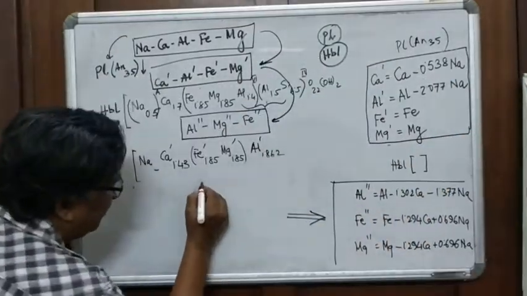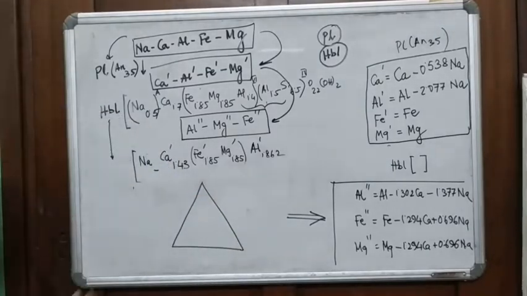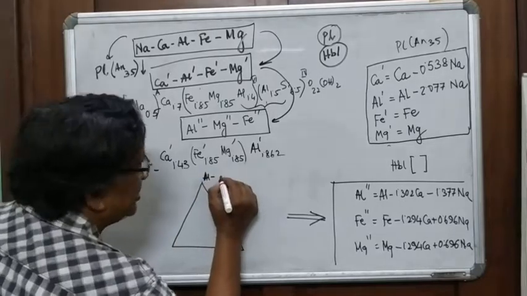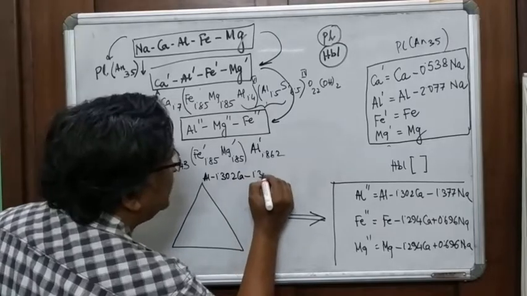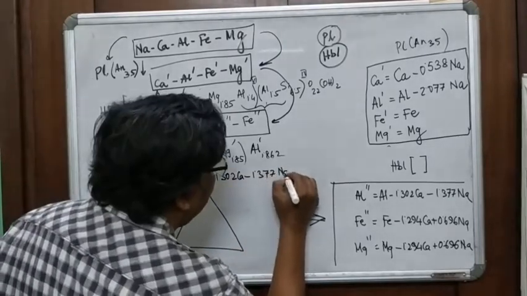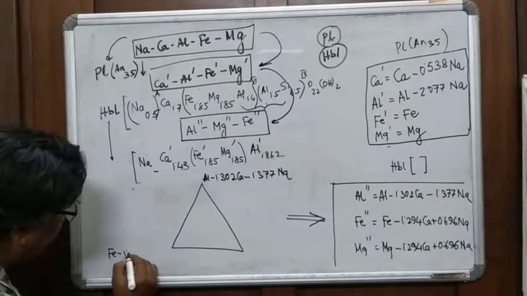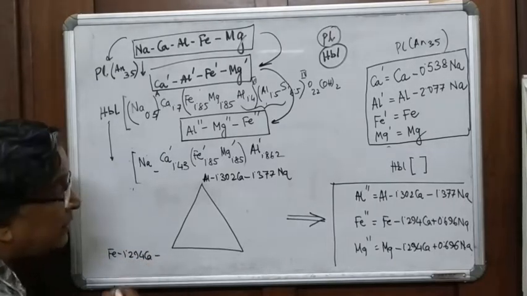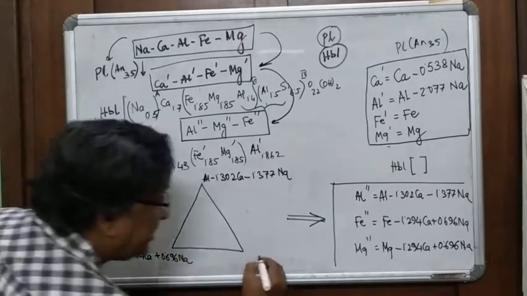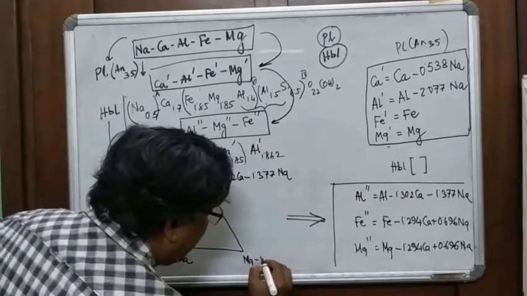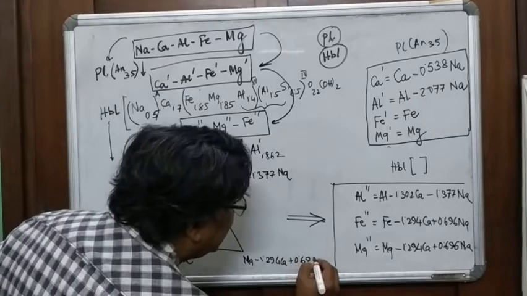So your phase diagram now includes a triangle where this is Al minus 1.302 Ca minus 1.377 Na, and this one is Fe minus 1.294 Ca plus 0.696 Na, and here it is Mg minus 1.294 Ca plus 0.696 Na.